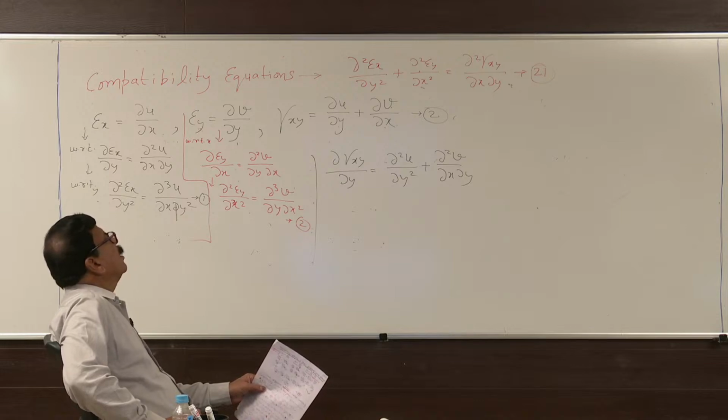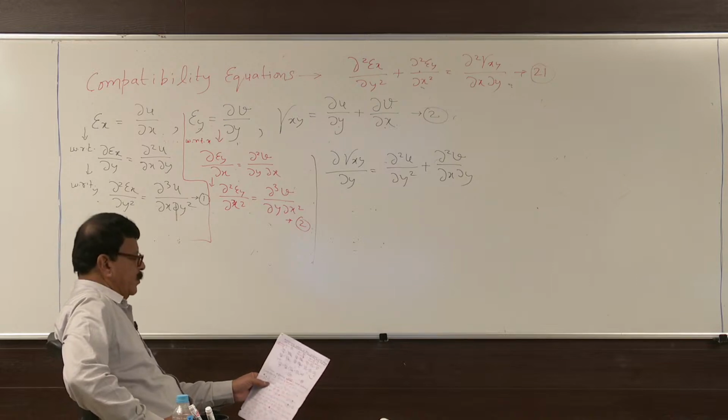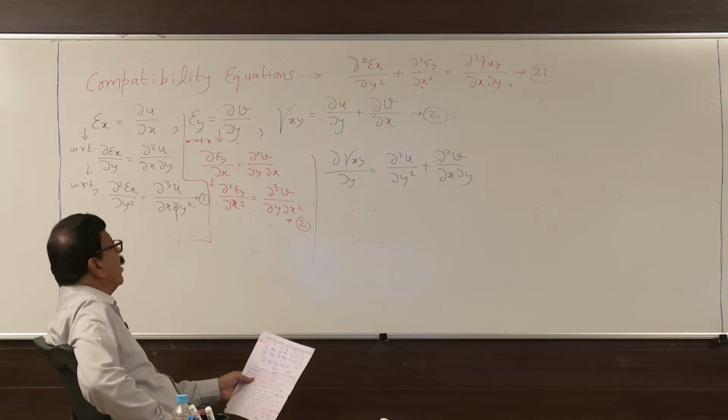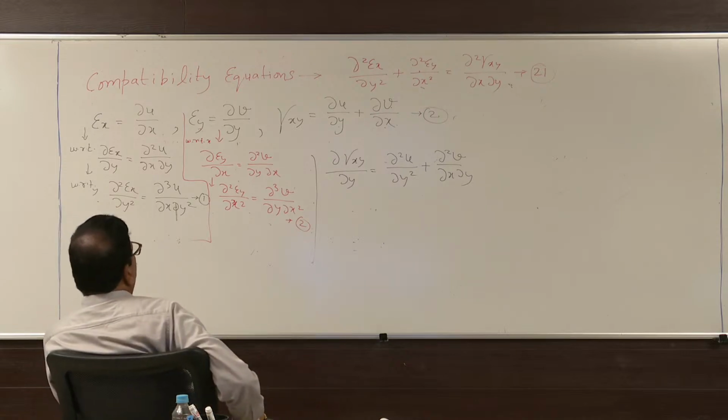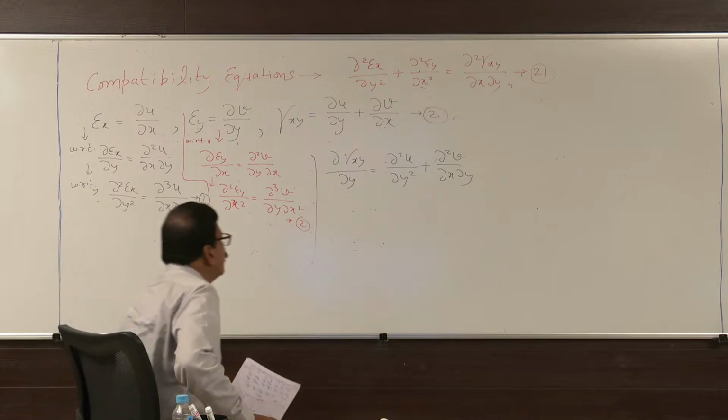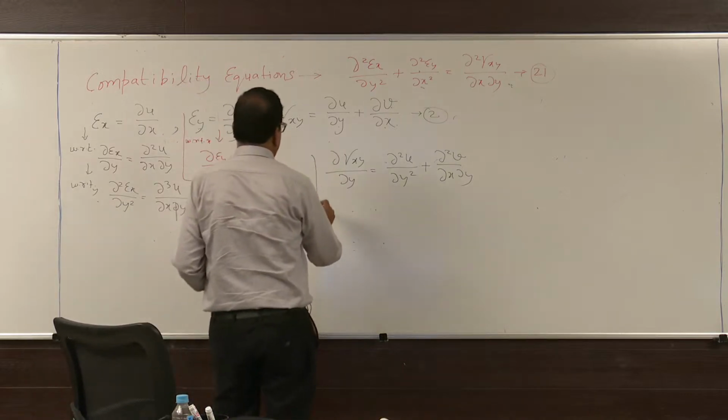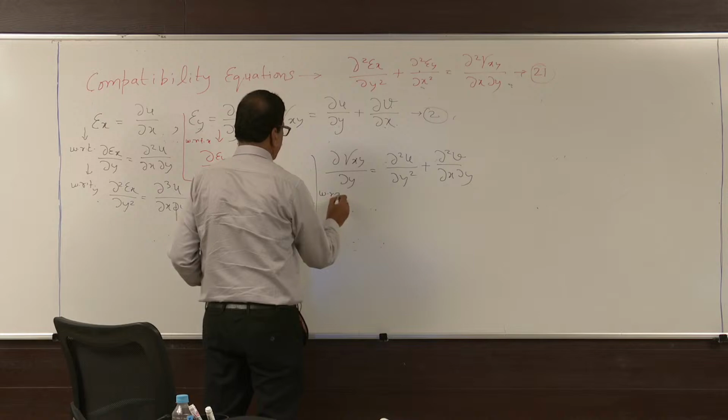Del square gamma xy upon del x del y. We got the del gamma xy upon del y. Now we want the x, so here we will differentiate with respect to x.